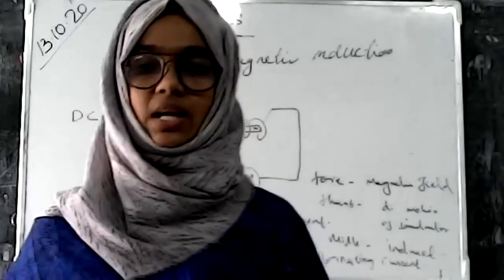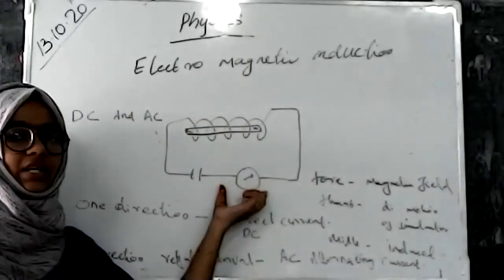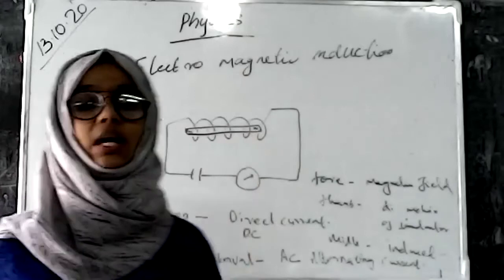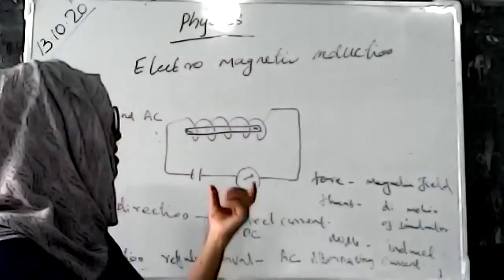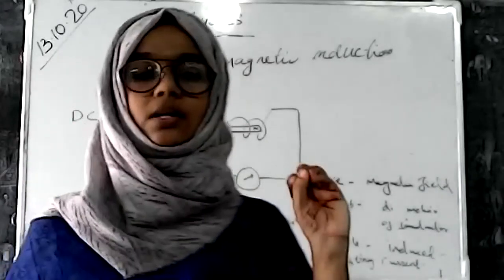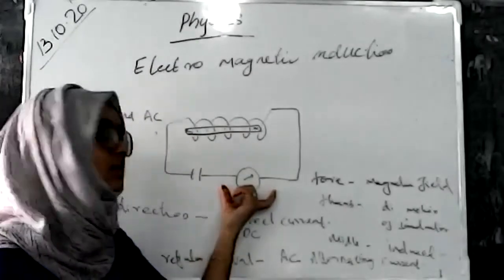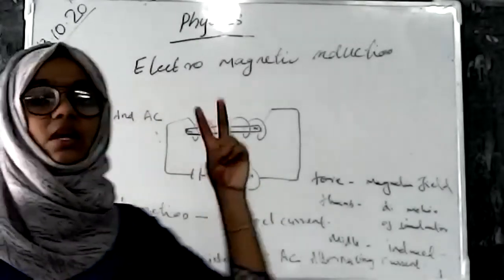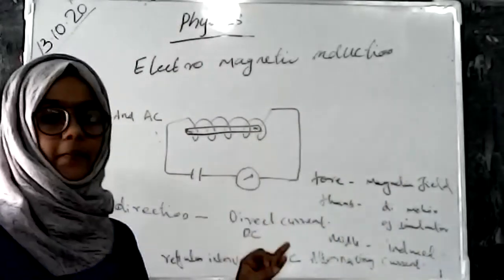And the last point is that here there is a production of electricity, and we ask what the direction of that electricity is. We can know that the direction of that electricity is not continuous, and that changing direction of electricity makes two types of current, AC and DC.